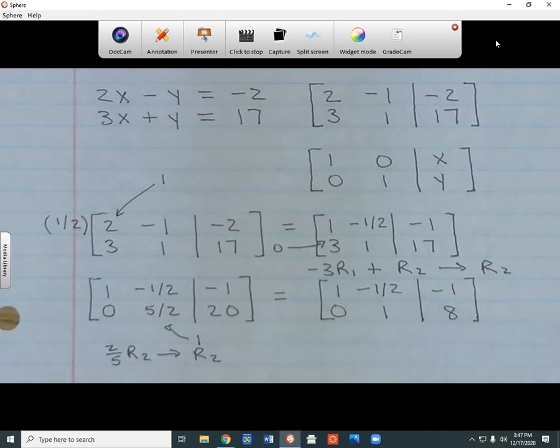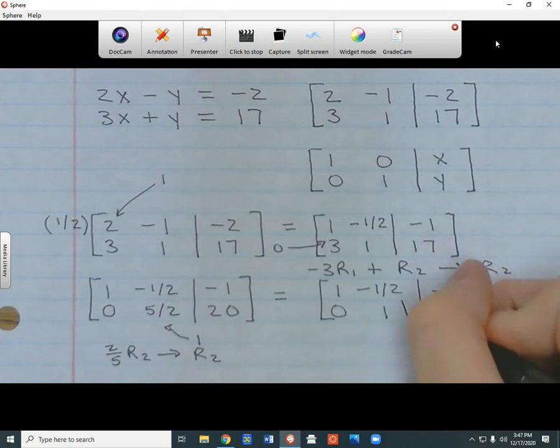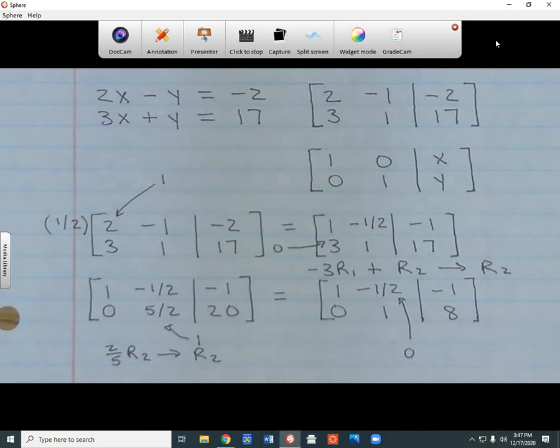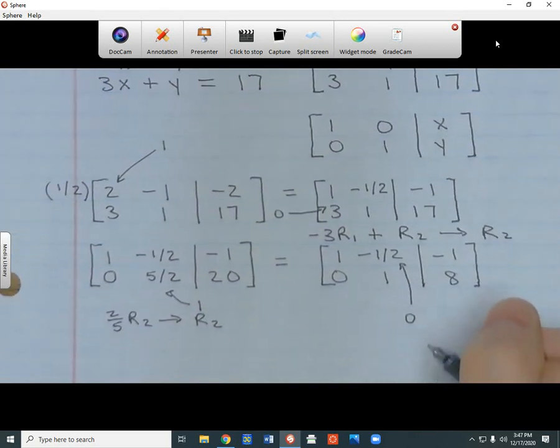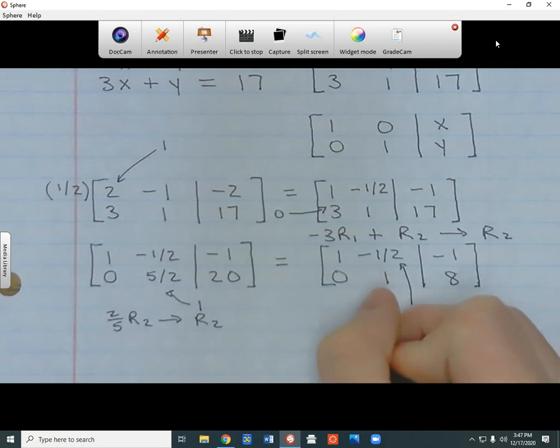So how can I do that? Well, I would have to add 1/2 to it, right? And to do that, I would multiply the bottom row, which is row 2, by 1/2. So I'm going to get 1/2 times row 2 plus row 1, and that is going to change row 1.